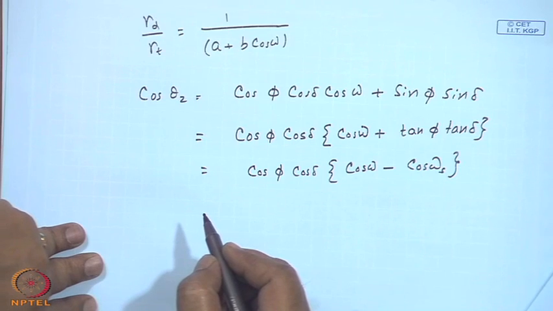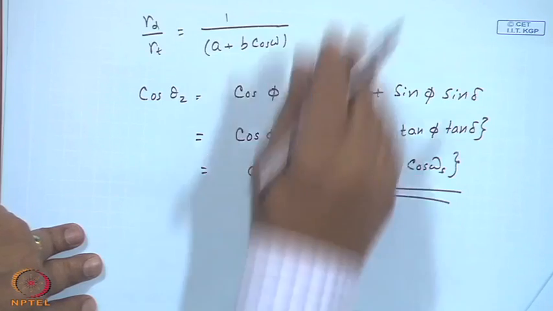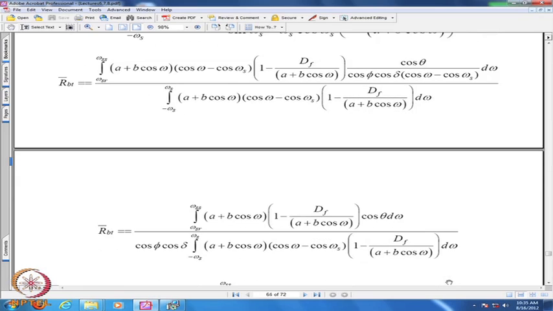Just if you take out cos phi cos delta common, this is the term which gives you the fortuitous simplification, it gets cancelled with this cos omega minus cos omega s. So now this starts shrinking, it becomes a smaller integral, a plus b cos omega into 1 minus d f by a plus b cos omega, into cos theta d omega, and this cos theta z, 1 by cos phi cos delta, comes to the denominator, but cos omega minus cos omega s is cancelled with this.